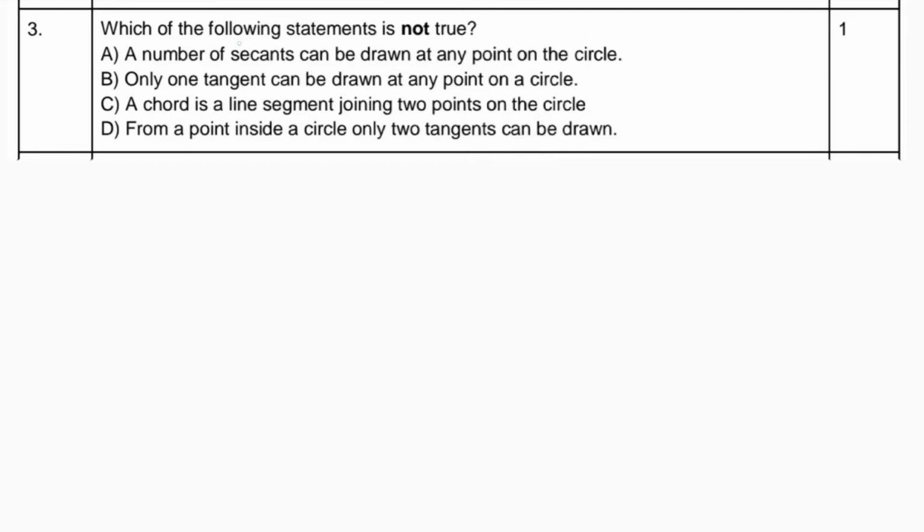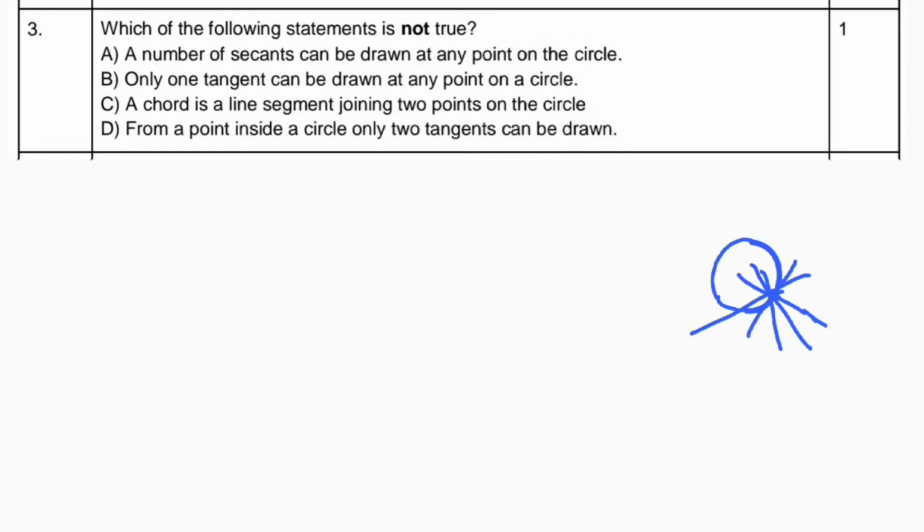Which of the following statements is not true? If you see the first statement, a number of secants can be drawn at any point on the circle. See, it is true because if you take any point on the circle, you can draw a number of secants. For example, take this point. So the first one is true.